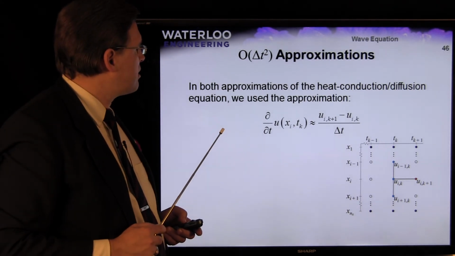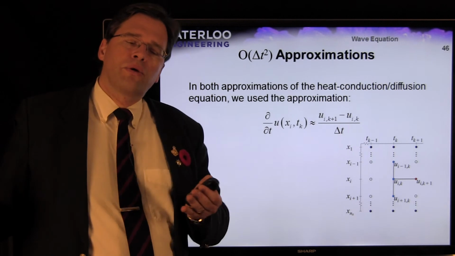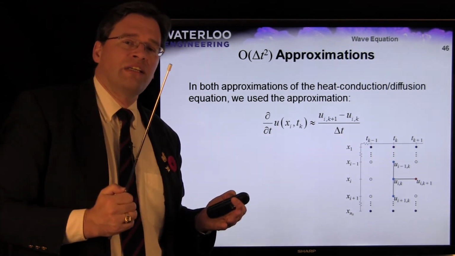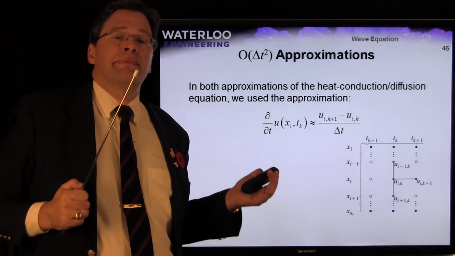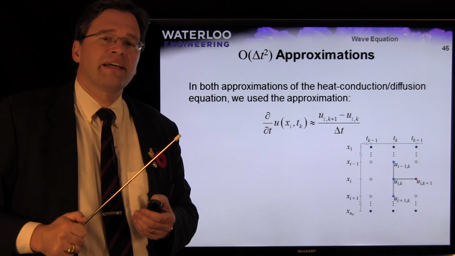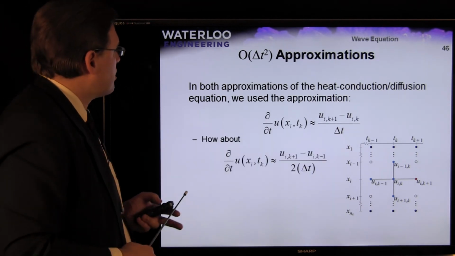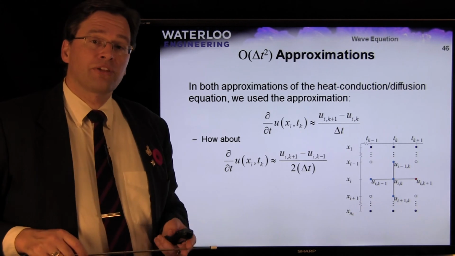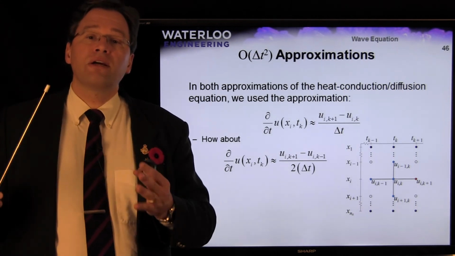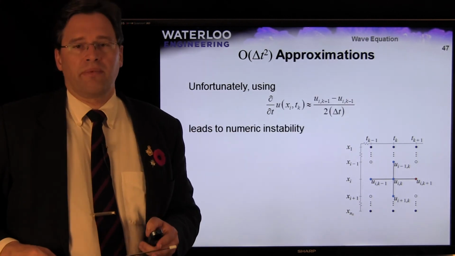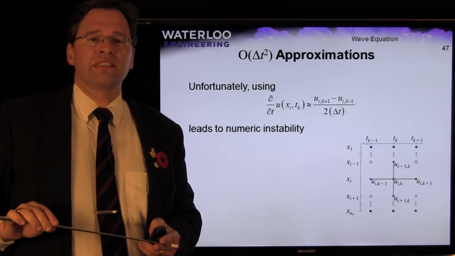Now, if one component of the equation is big O of delta t, whereas all other components may be big O of delta t squared, we are restricted by the delta t term. So can we use, for example, a centered divided difference approximation of the derivative, which is big O of delta t squared? Unfortunately, this doesn't work. This leads to numerical instability.